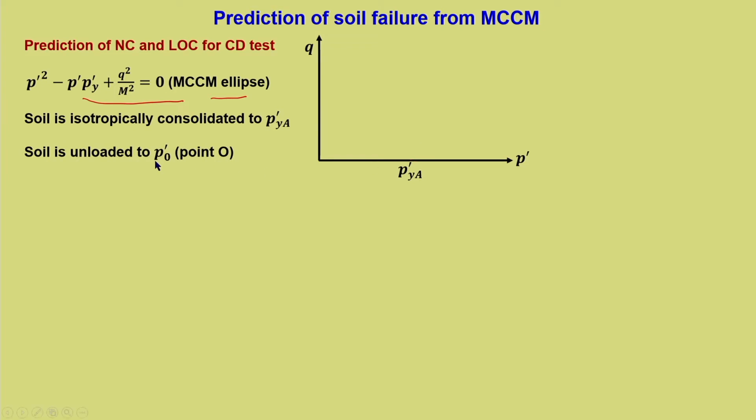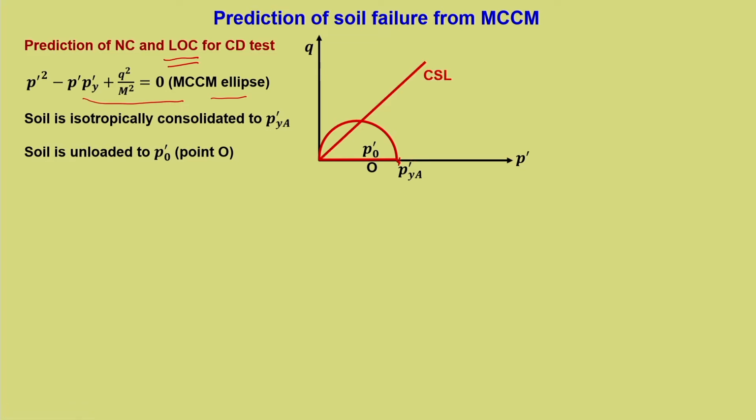The soil is now unloaded to P naught dash, that is point O, to create a LOC state. So, this is P naught dash, and the yield curve corresponding to this will be this. The maximum point is P dash yA.